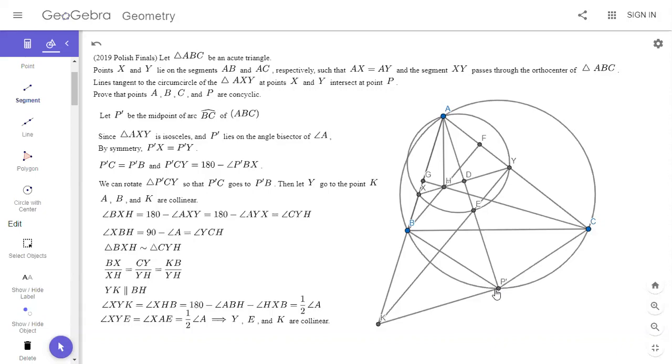Michael, I was thinking independently on this problem, and I think I solved it in a different way. Oh yeah? And yeah, it's very simple. Do you know the Pascal configuration? Pascal's theorem, yeah. So basically, can you take the line BH and intersect the circle of ABC at a point?